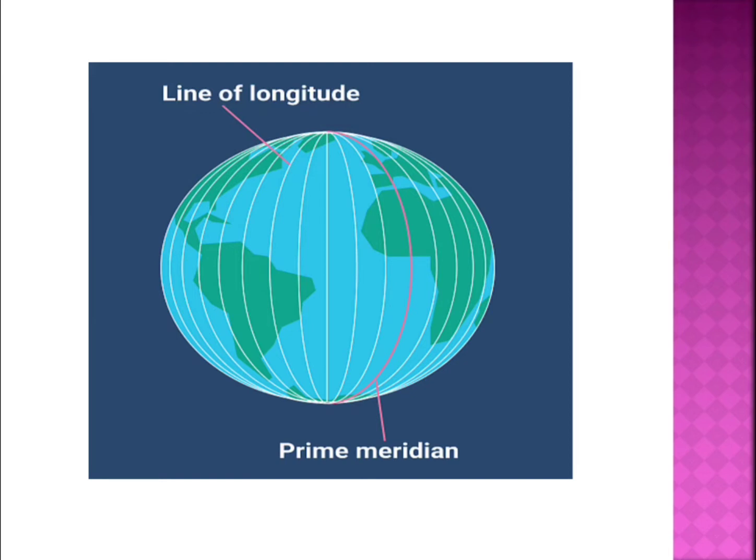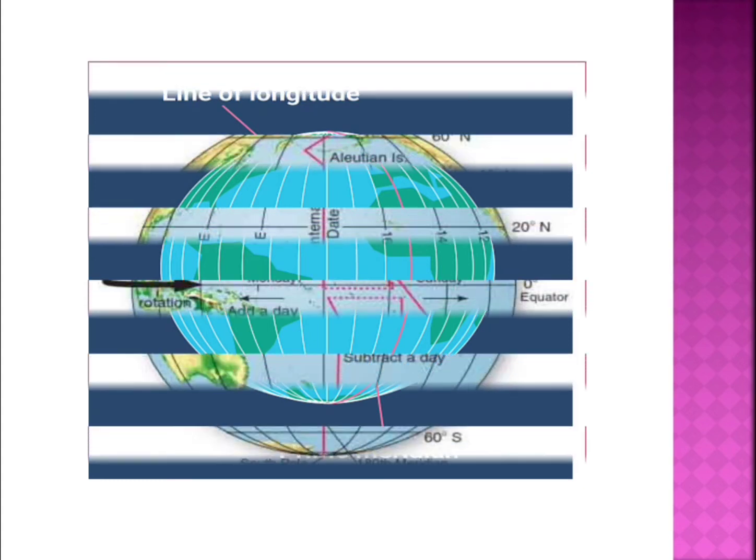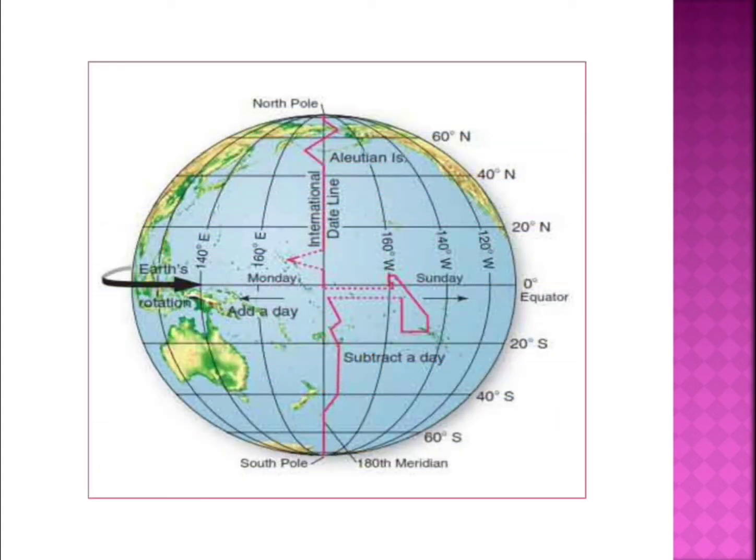The next important longitude is the international date line, which is 180 degrees east and 180 degrees west. That means from the prime meridian, on both sides it will be 1 degree, 2 degree, 3 degree, 30 degree, 40 degree, 50 degree, 60 degree. Around the globe they go, and at one point they meet.